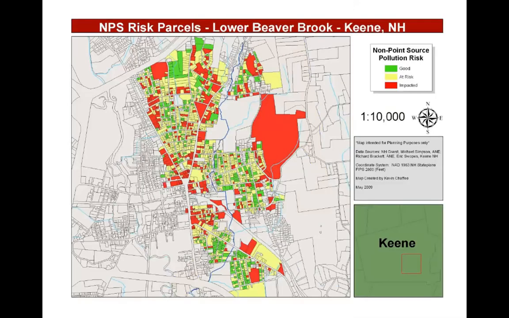And so he applied the same rankings that we used in the same way. He did all this himself, where we had a team doing ours, but it was his master's project. And it was an excellent piece of work, and we did share this with the city, and it really opened their eyes to, wow, if we're really going to look at non-point source pollution, it's a much bigger task and dynamic than we initially thought.